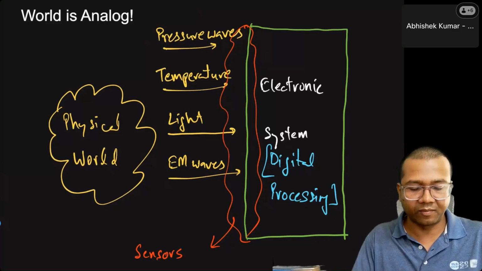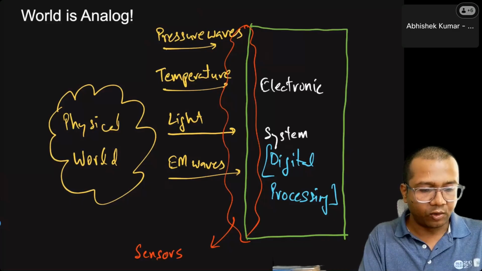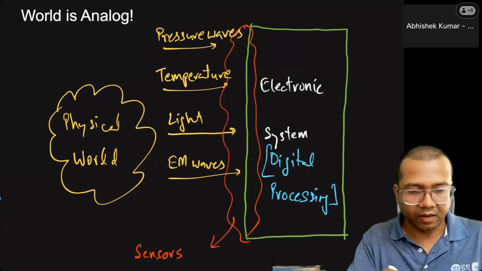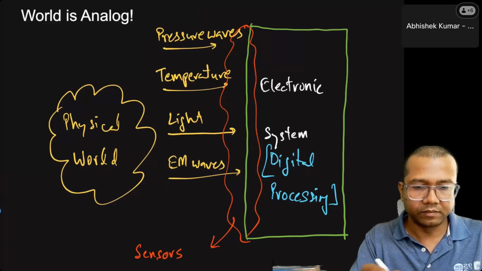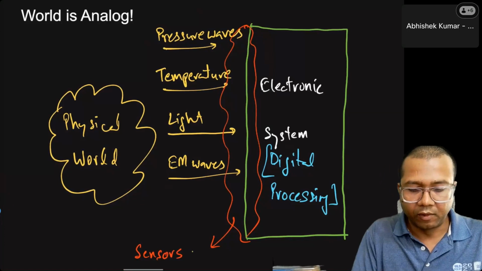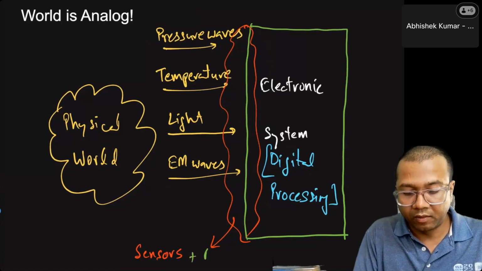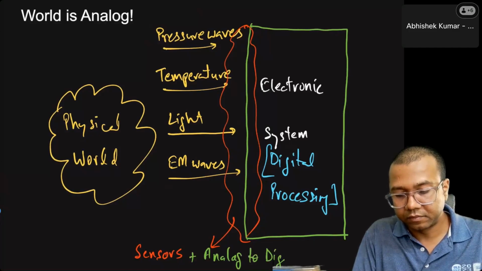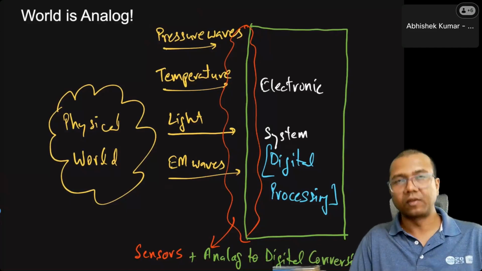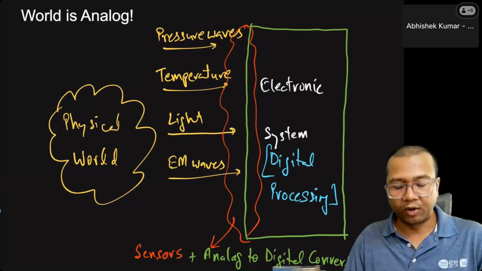So just sensors may not be sufficient. You need to add another part here, which will do analog to digital conversion. So I hope now this picture is clear to all of you.